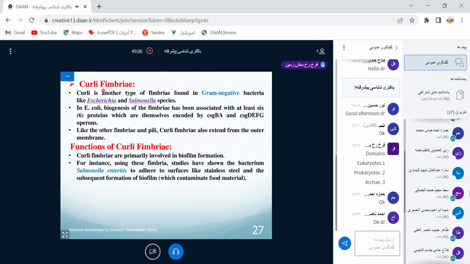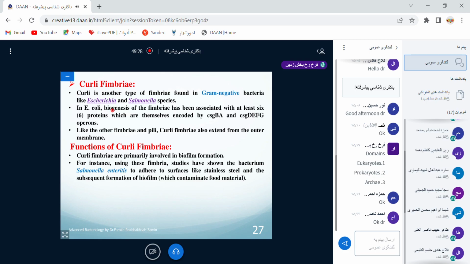The last fimbria is curli fimbria. What is that? Curli is another type of fimbria found in gram-negative bacteria like Escherichia and Salmonella species.